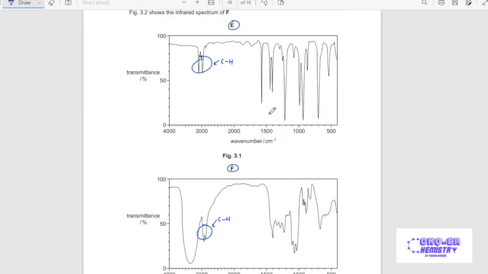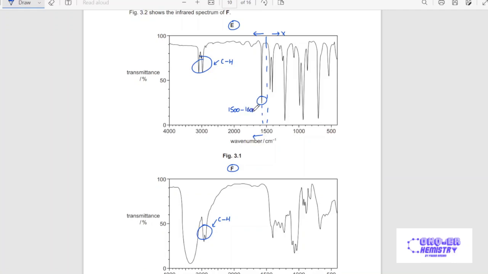So 1500 per centimeter, this is basically where the cutoff exists. And so we don't need to look at anything over here. We just look at everything to the left, all right? Because the wave number increases from right to left. So we only have this particular absorption, and this is at a wave number of approximately somewhere between 1500 to 1600.